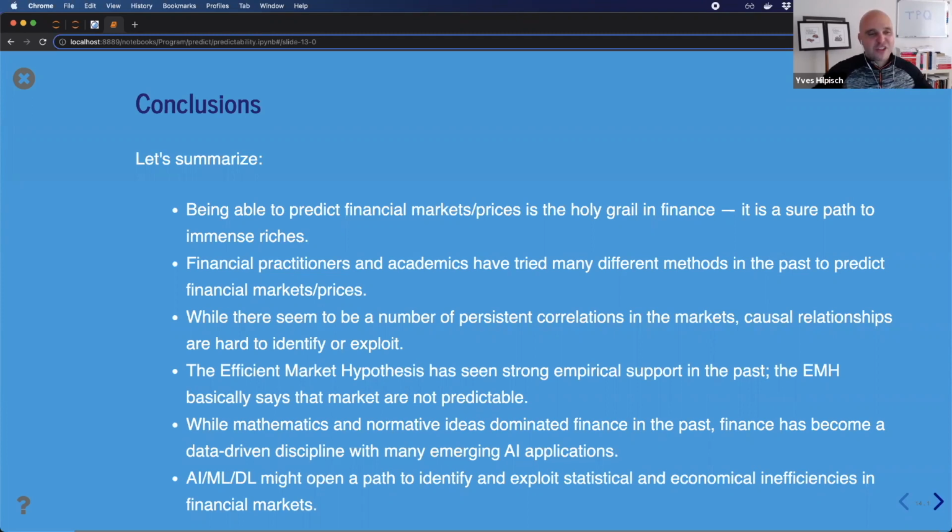We need to get the tails correct. Therefore, that's the difficulty, getting the larger movements correct. And since they are usually driven by some exceptional event, it is questionable whether there is some mechanism to train a model to get the prediction correct.